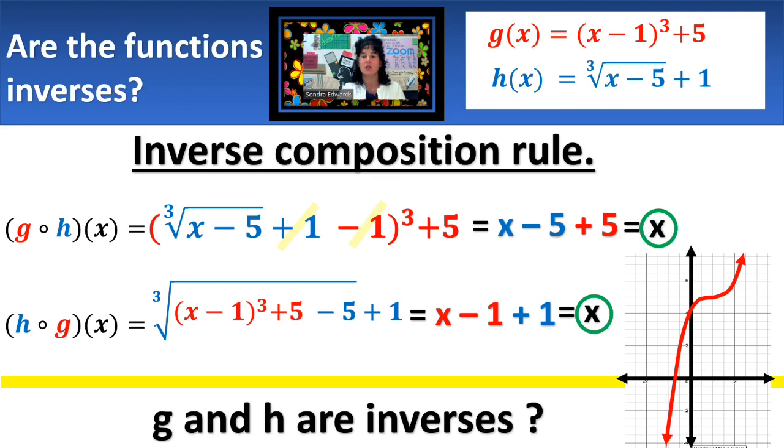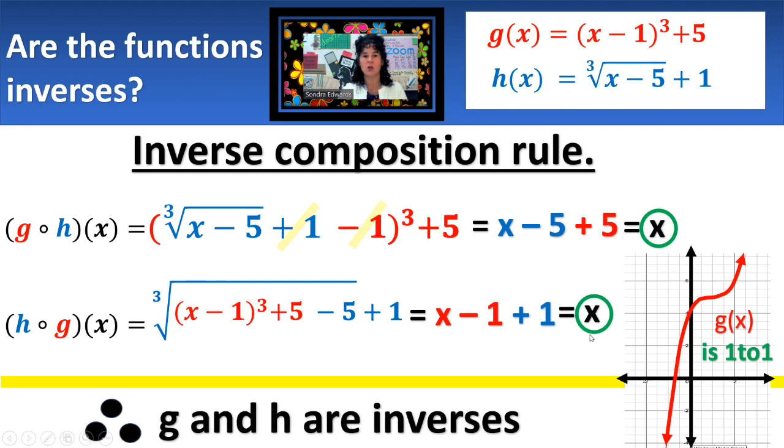That's true. So since this g function is 1-to-1 and g comp h equaled x and h comp g equaled x, then by the inverse composition rule, we therefore, three little dots means therefore, g and h are inverses.